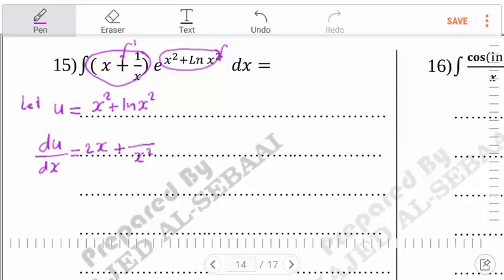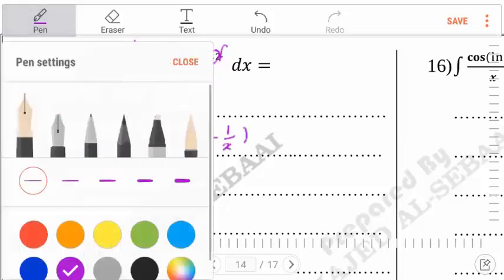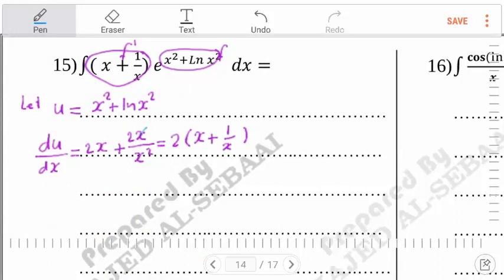One over the function itself, and up we will have 2x, which is the differentiation of x squared. Right? Is that clear? Simplify it. It will be 2 bracket x plus 1 over x. Why 1 over x? Because, see here, you can cancel this x with this squared, and 2 is a common. You understood? What did I do?